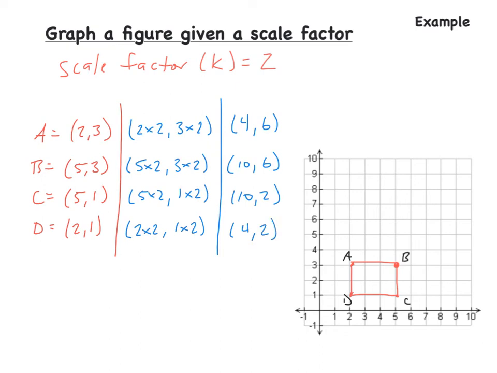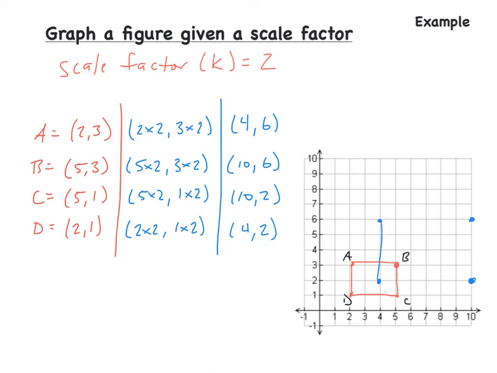Now, we have our new points: 4, 6, 10, 6, 10, 2, and 4, 2. Now, this is the scale factor of 2. So all we've got to do is plot these points. So we have 4, 6, 10, 6, 10, 2, and 4, 2.